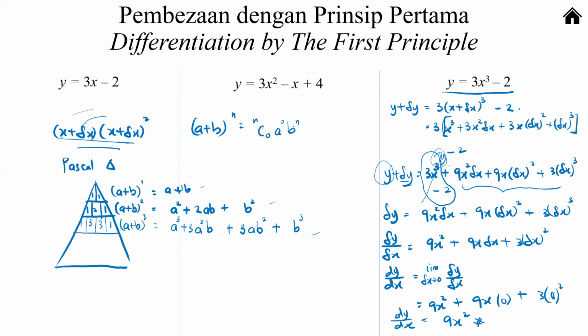Or you start with n first. And then plus nC1, a to the power 1, b to the power of n minus 1. As long as the total is n, so on and so forth, until nCn, a to the power n, b to the power of 0.